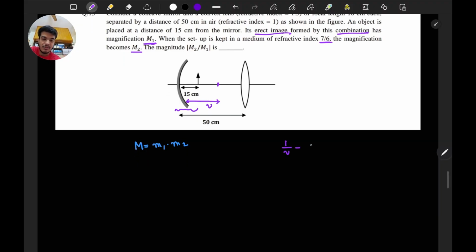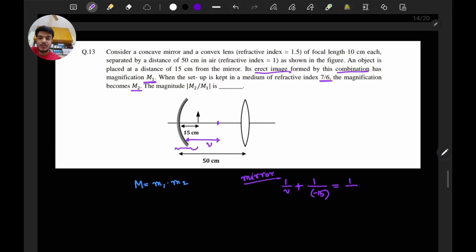For the mirror, 1 by v plus 1 by u, with u as minus 15, equals 1 by f. Since it is a concave mirror, the focal length f is minus 10, and it is 10 centimeter here for air.